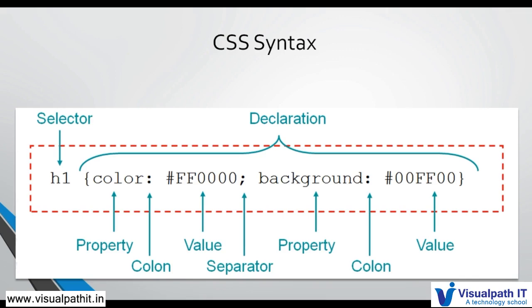Then the background, which is again a property, again the colon, then the value for the background. So this is how we write syntax for a selector or any tag.